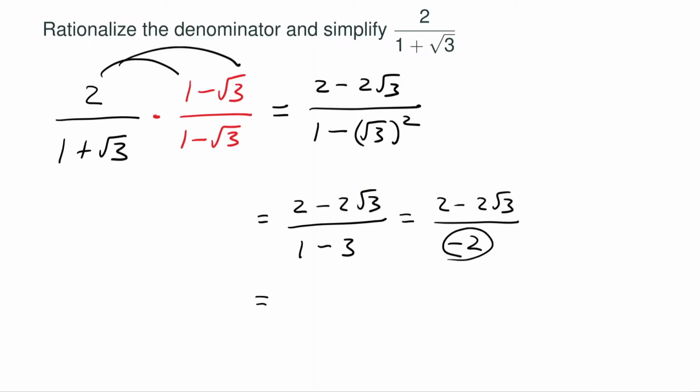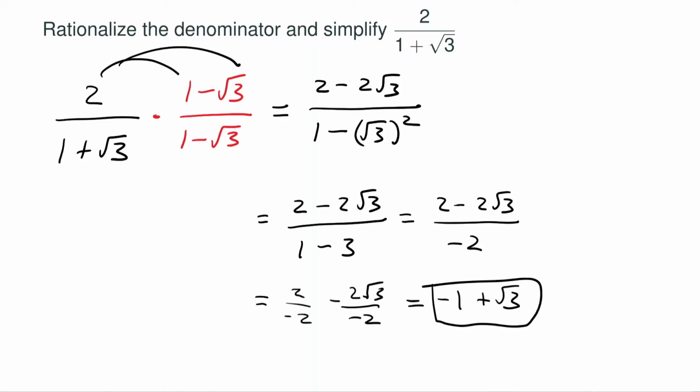Negative 2 can be seen as a common denominator, so we can separate it: 2 over negative 2 minus 2 square root of 3 over negative 2, which simplifies to negative 1 plus square root of 3. So this is the final answer where we rationalize the given expression.